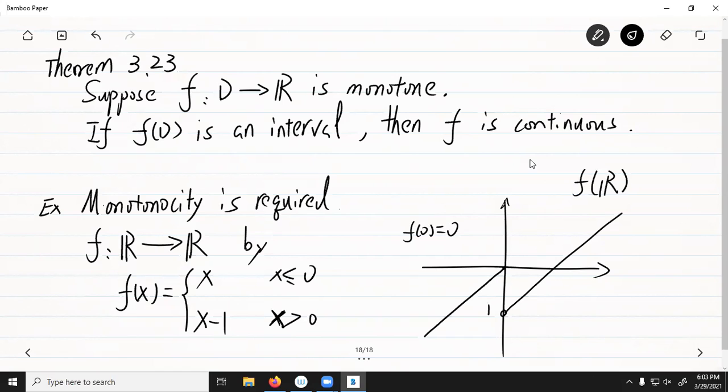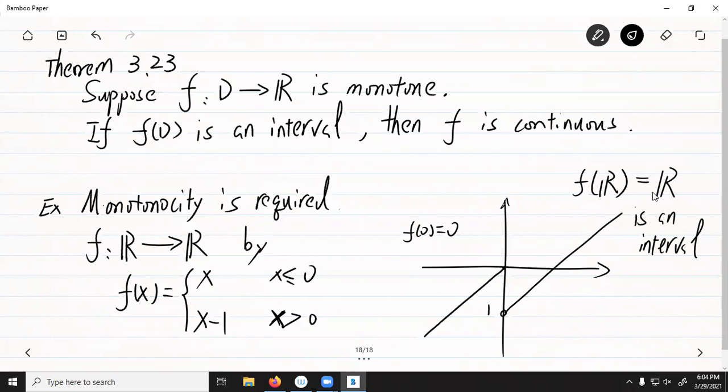The domain is R, all x values have corresponding points. The range is the set of y values, and all y values can be taken, so the range is also R, from negative infinity to infinity, which is an interval.